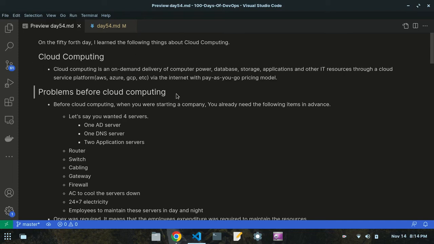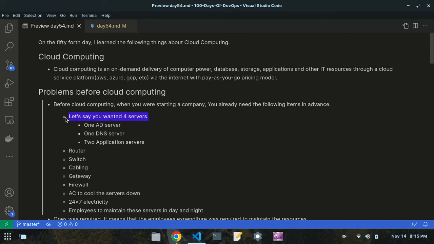Now let's take a look at the problems before cloud computing. Before cloud computing, when you were starting a company, you needed the following items in advance. These were the essential things that were required before starting a company.